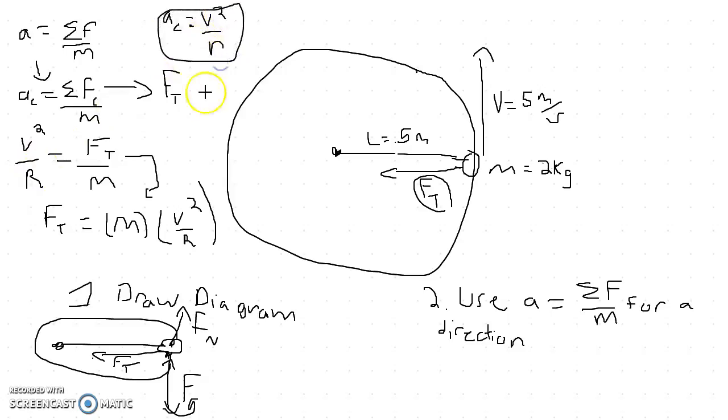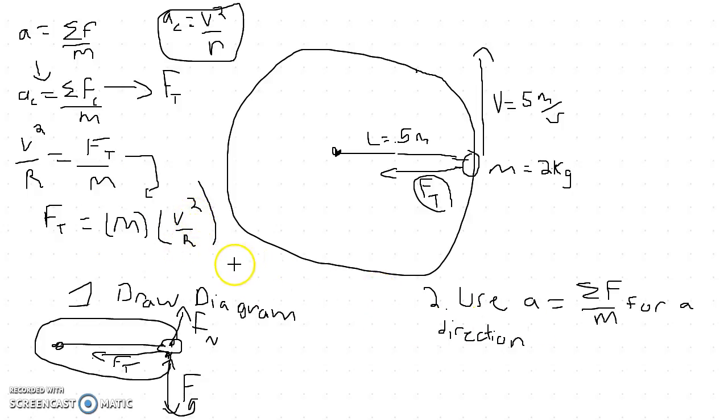So we plug that into the centripetal acceleration and make it equal to the force of tension over the mass. So the force that we're going to use is only the horizontal one, and the only horizontal force acting on the ball is tension. So then we're going to solve for F_T, which makes it m times v squared over r.